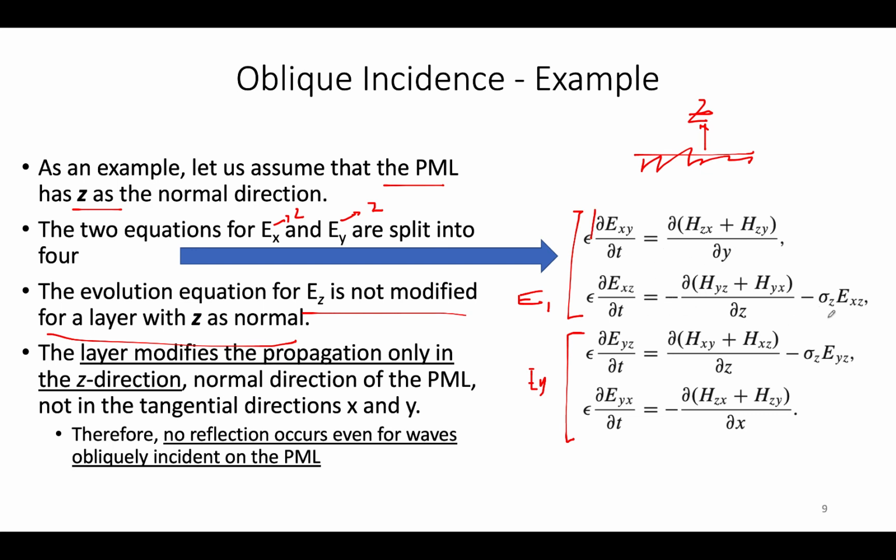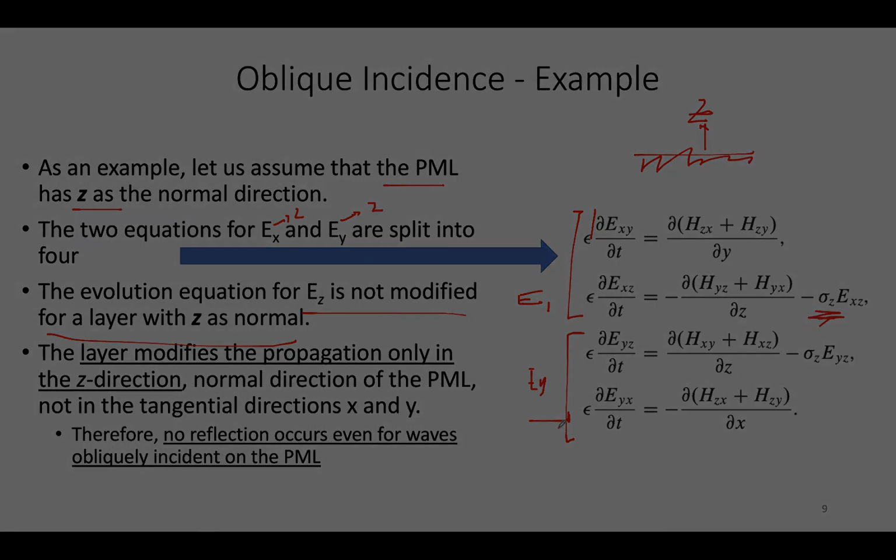However, the normal has this extra term that is considering the electrical conductivity in the z direction. The very same holds in this equation here at the bottom. Therefore, no reflection occurs even for waves that are obliquely incident on the PML. So these are my last slides for this lecture, and talk to you soon.